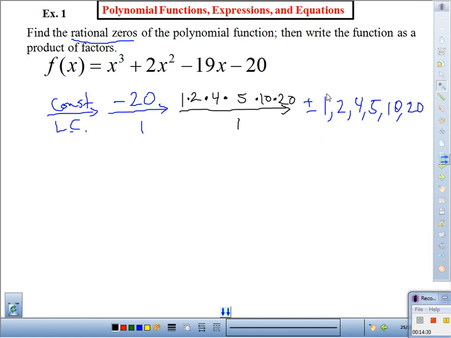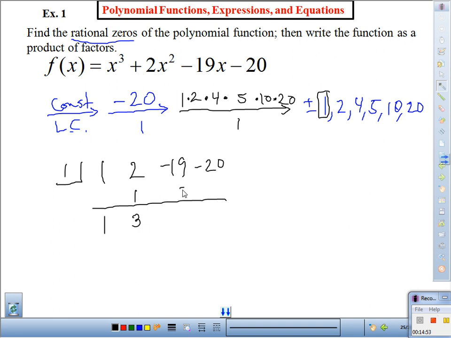So, to get started, I'm going to test this one. 1 times 1, 1. Combine, 3. 1 times 3, 3. Combine, negative 16. 1 times that, negative 16, combine, negative 36. Did I end up with 0? No, that's not my 0.